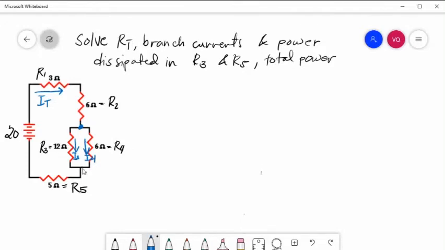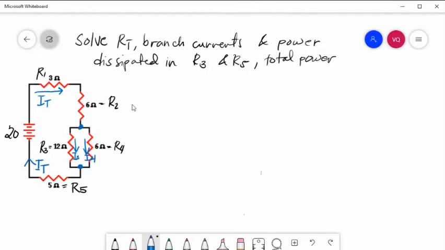Then they will meet at this node, entering this node I3 and I4, and the current leaving here will be your total current. So, direction of current here from negative to positive.